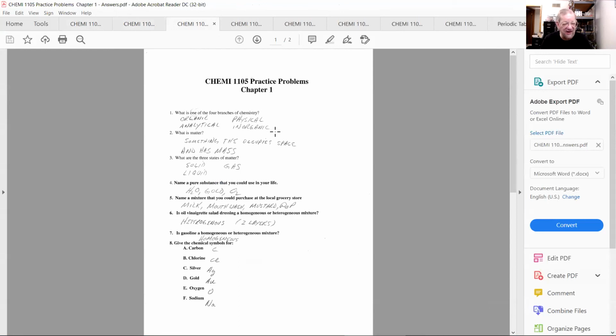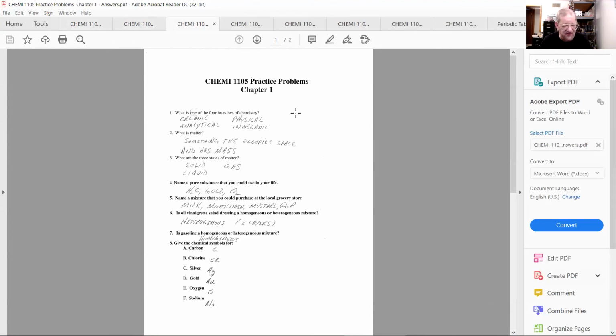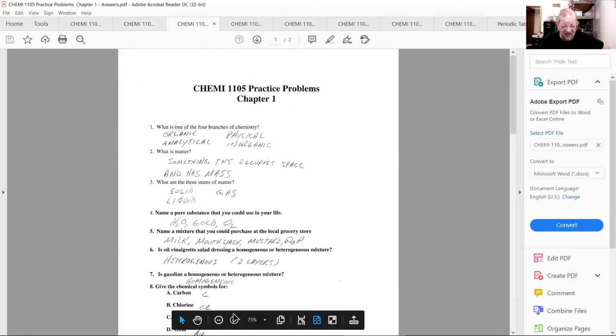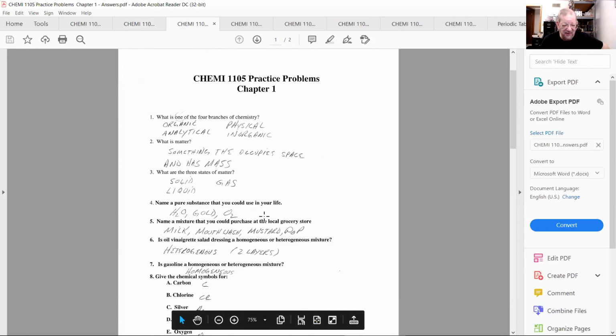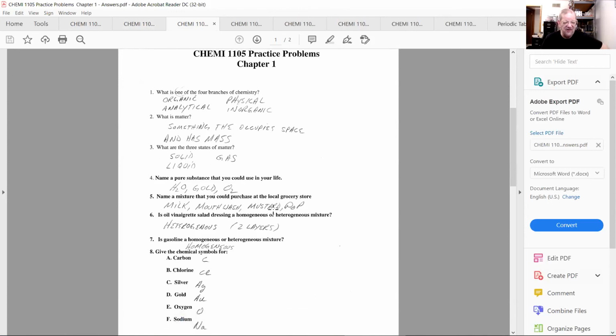Now, one of the things I didn't do in the review of test 1: if you go through the practice problems, chapter 1, you'll see what are the 3 states of matter. You should know how to do that. Name a pure substance, name a mixture, is vinegar and oil vinaigrette homogeneous or heterogeneous.